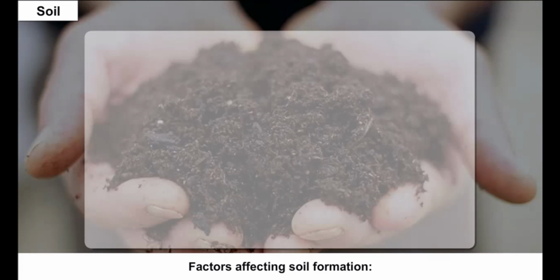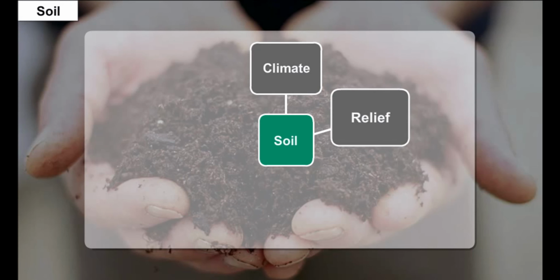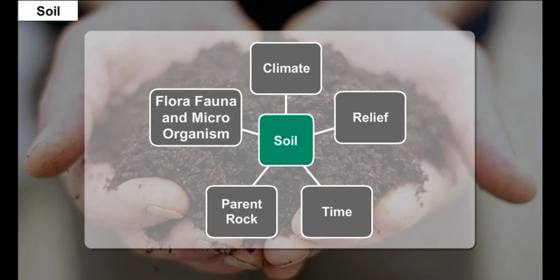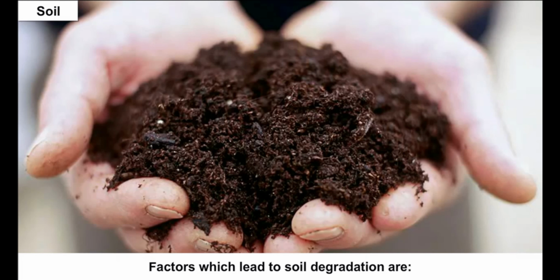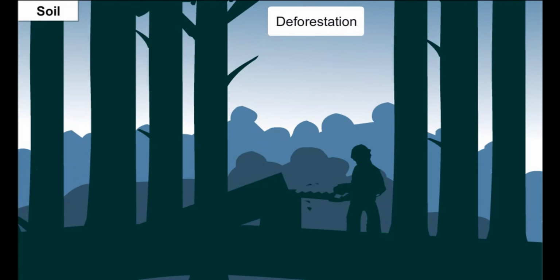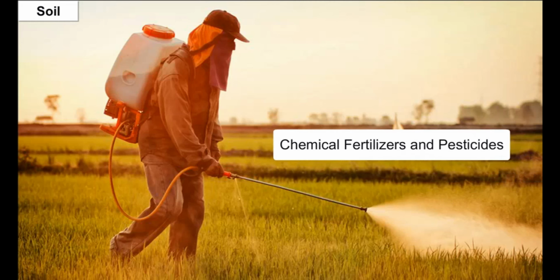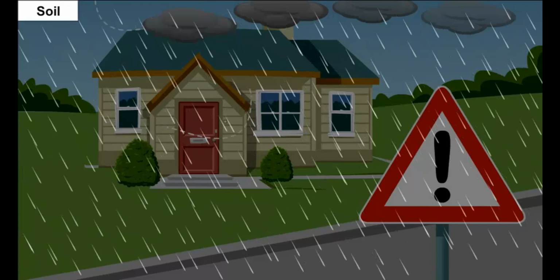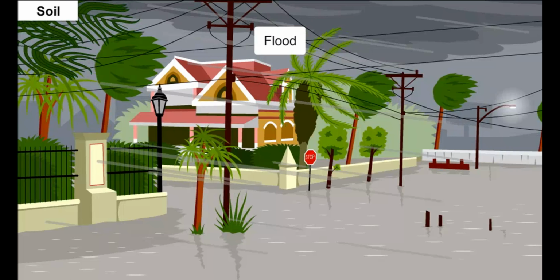Factors affecting soil formation: climate, relief, time, parent rock, flora, fauna, and microorganism. Factors which lead to soil degradation are deforestation, overgrazing, overuse of chemical fertilizers and pesticides, rainwash, landslides, flood.